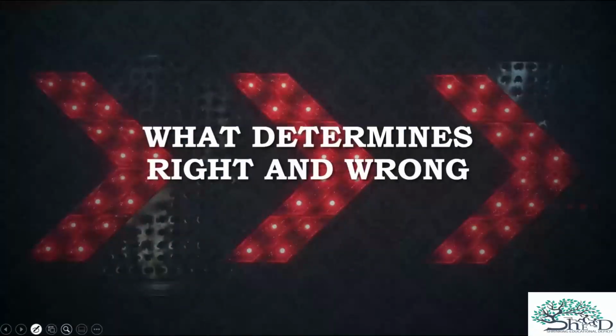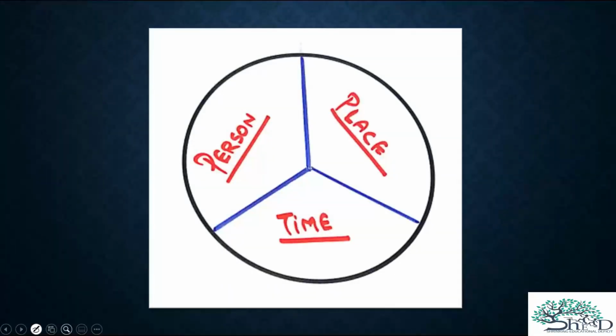Okay. So basically we shall see what determines right and wrong. Ethics is all about determining right and wrong. So these are the three major things which overall determine ethics, or the factors which lead to formation of ethics. So a person, the place, the time.